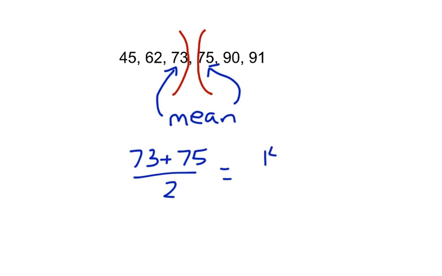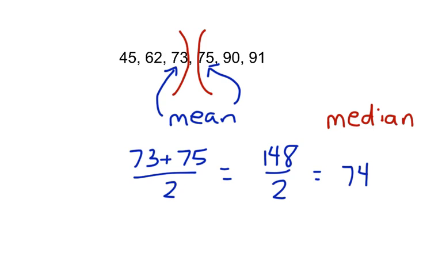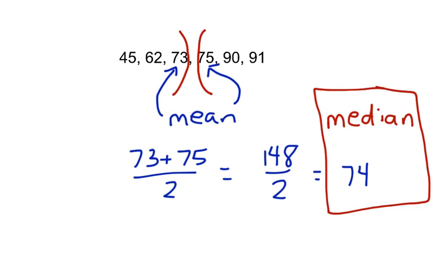So that'll be 148 over 2, which is 74. Not coincidentally, it's halfway between 73 and 75. That's kind of what we're after here. And so the median of this data set is going to be the mean of the 2 numbers that are closest to the middle, and so the median of this data set is going to be 74.